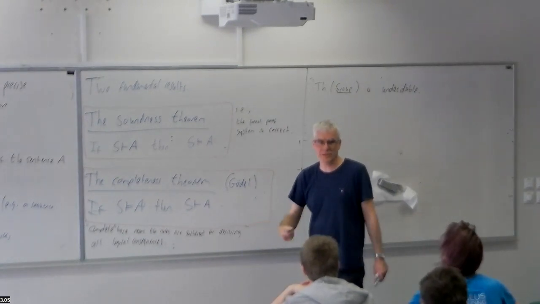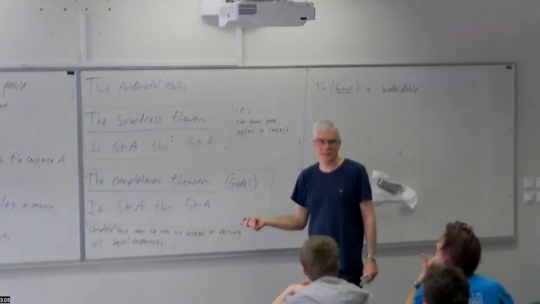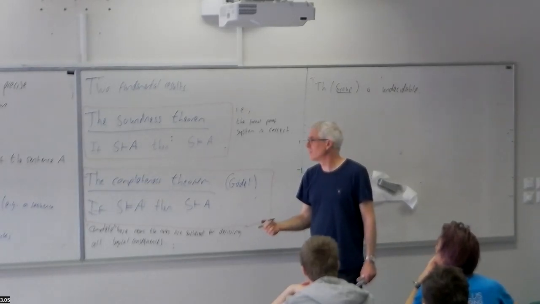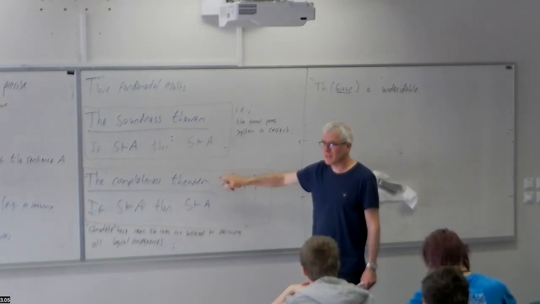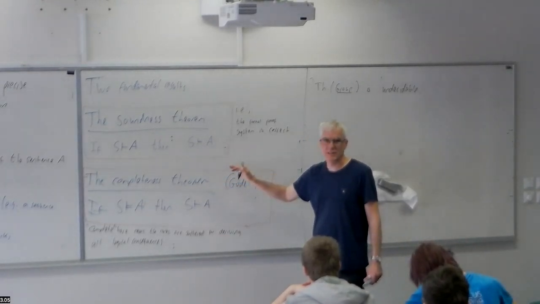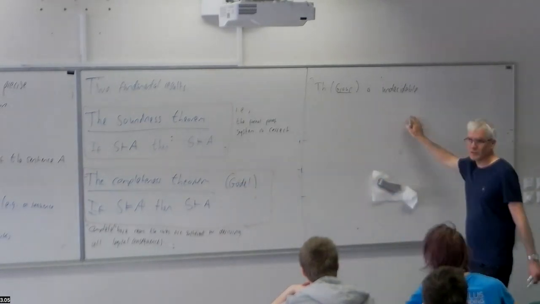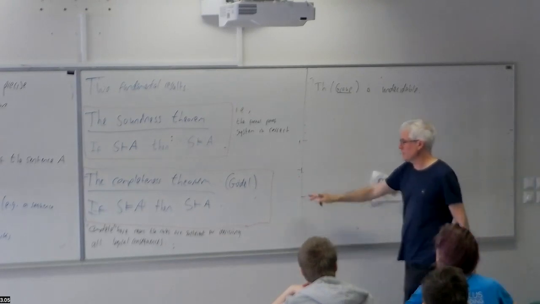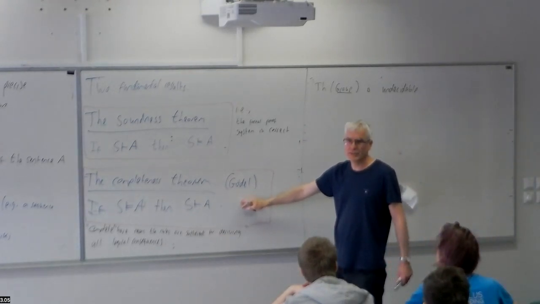We can't just input it to a computer and say, tell me if it's valid in groups or not. But we still have a positive thing we can do. We can try to prove it from the axioms. And if it's valid for groups, then by the completeness theorem, there will be some proof.